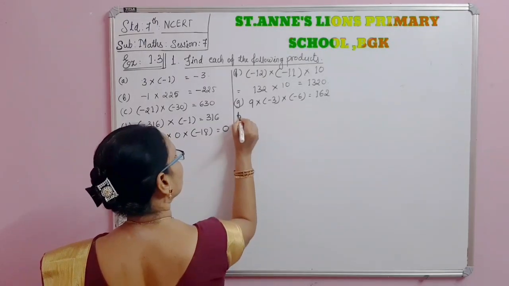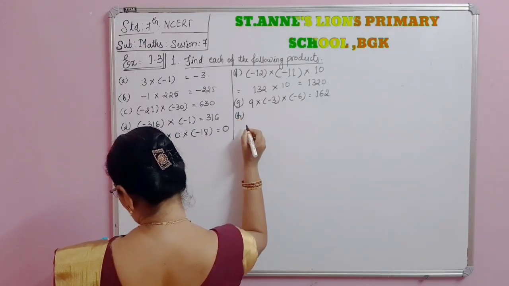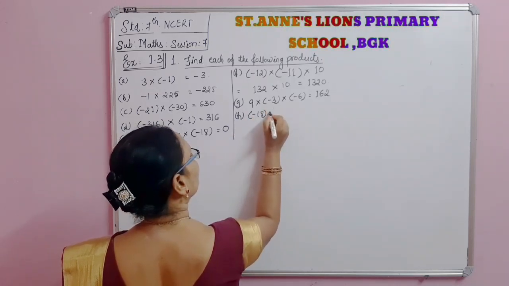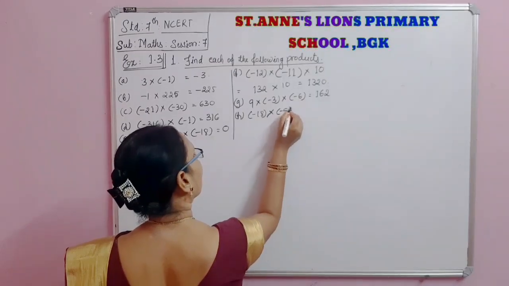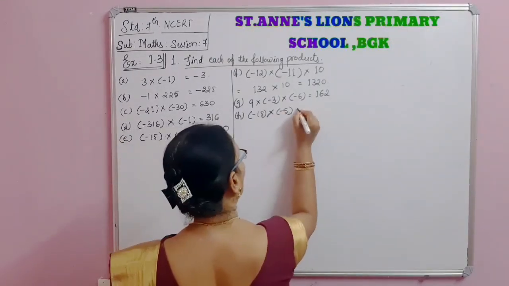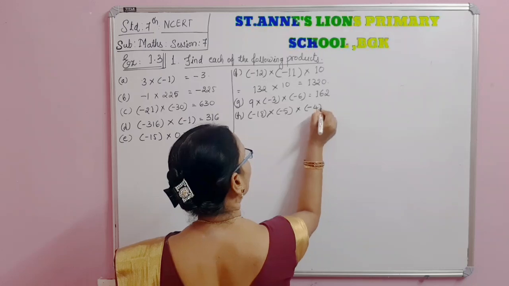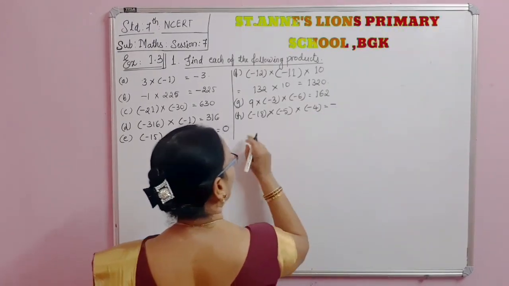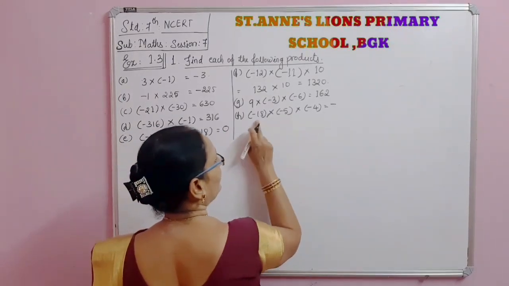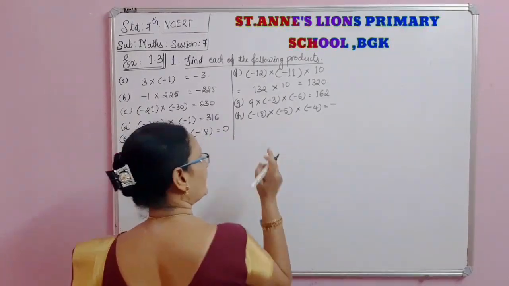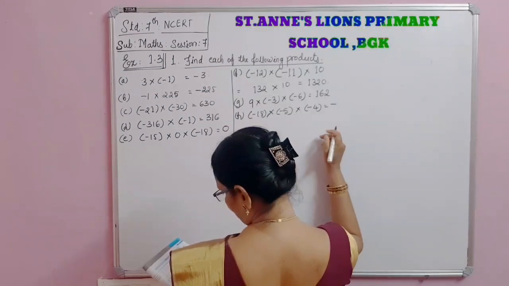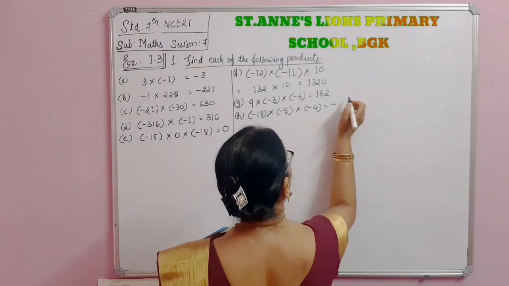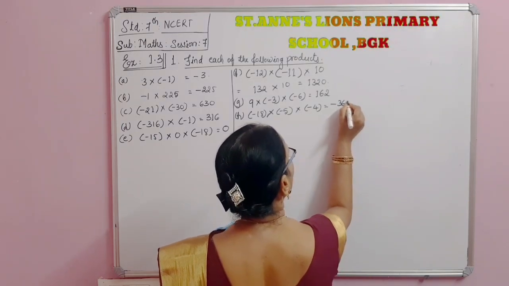Next H: minus 18 into minus 5 into minus 4. Minus into minus is plus, plus into minus is minus. 5 4s are 20, or 18 5s, like that also you can do. The total answer is 360.